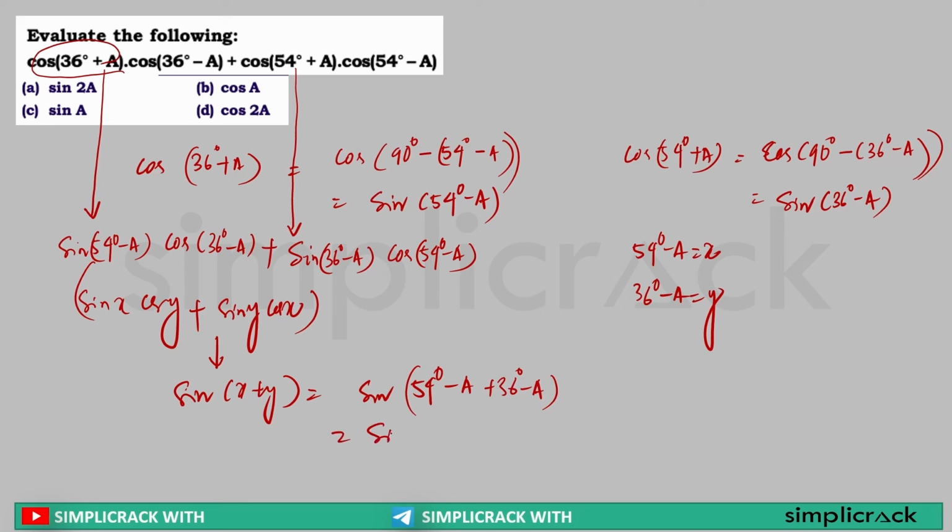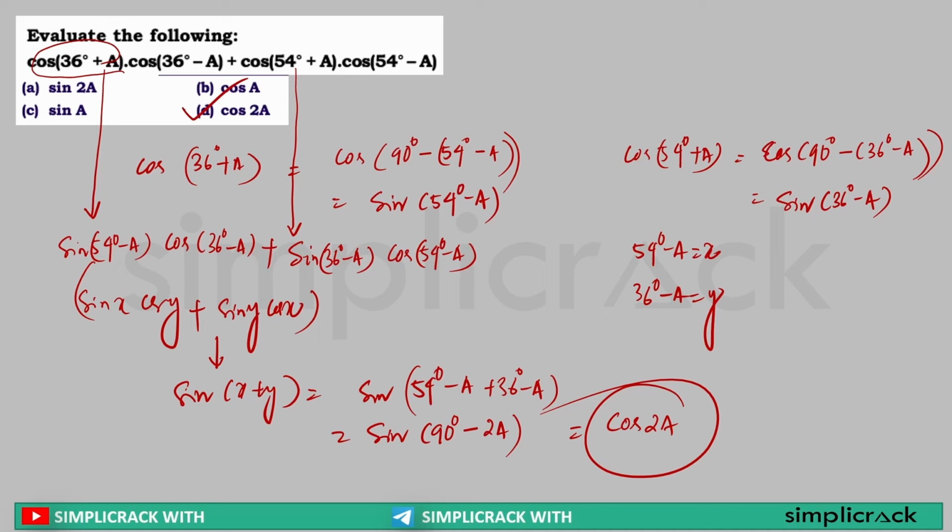That means this is equal to sine(90 degree minus 2a), since minus a minus a is minus 2a. Sine(90 degree minus theta) is equal to cos 2a. Answer cos 2a, option D. Why did I do this? Because without doing this, it won't be possible to make it into one single entity. Clear? Sorted? Yes or no?